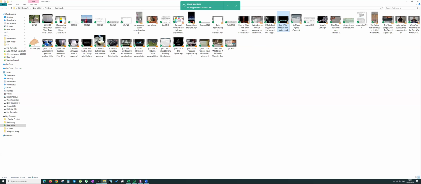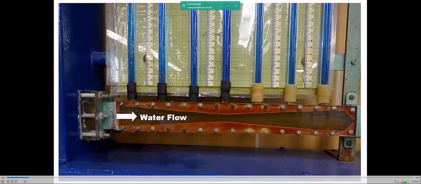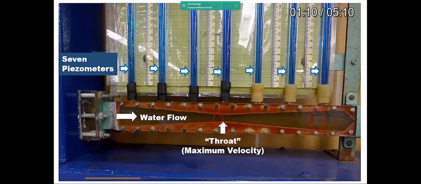So this is how it would look. Flow from lab number 4. There's a water flow from left to right. You can see how the pipe is. The area is big, then the area becomes small, and then the area becomes big. At the top, you have these vertical pipes, made of plexiglass, having water.